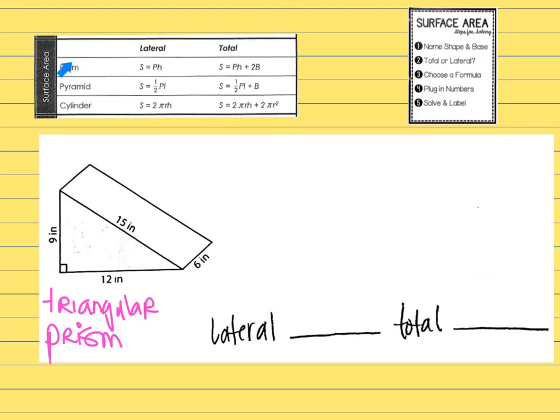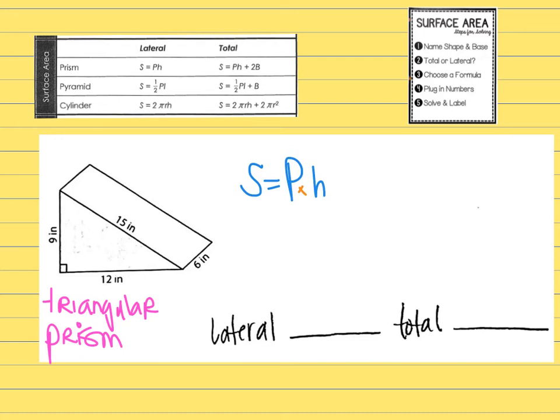So again, looking up here, a prism, no matter what type of prism it is, the lateral surface area formula is capital PH. So that's what I'm going to start with again. For lateral surface area, it's capital PH. And those are going to get multiplied together.